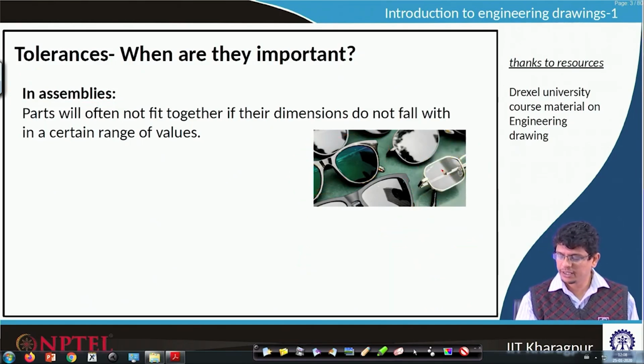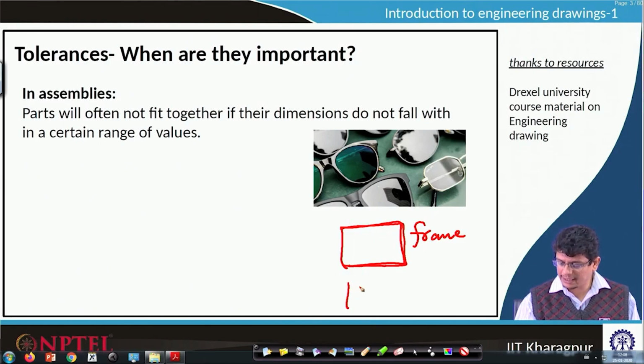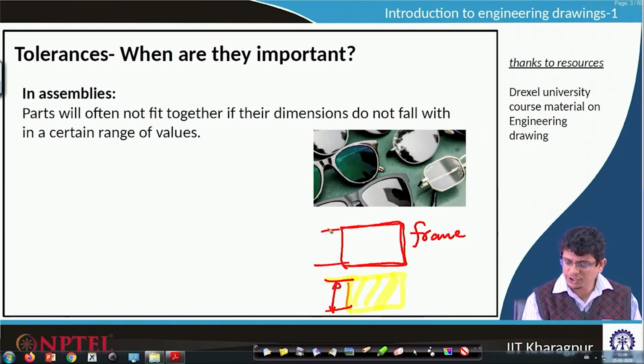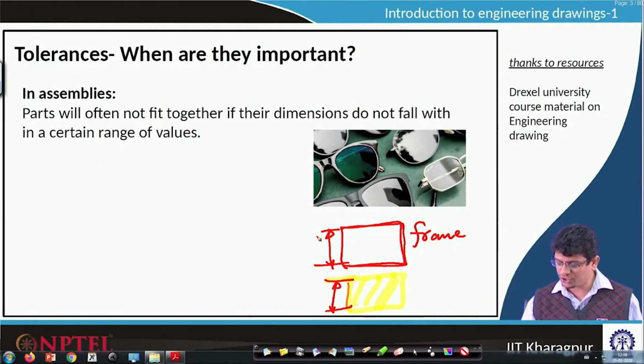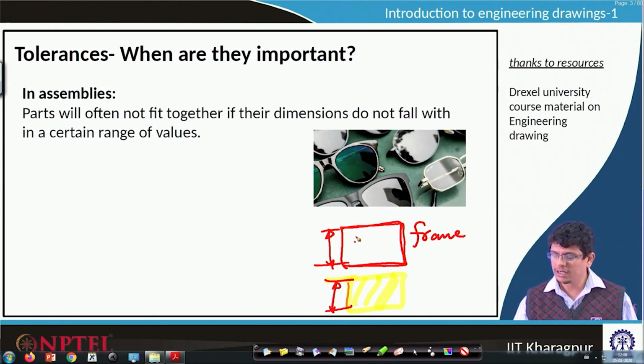Now, let us look at the individual thing. In that frame, this is the frame, we would like to put a glass. Let us make this glass. This is the glass that we would like to fit. If this dimension is not easy to prepare with the same dimensions, even a small variation in fixing it, like mechanical stresses, might twist it.